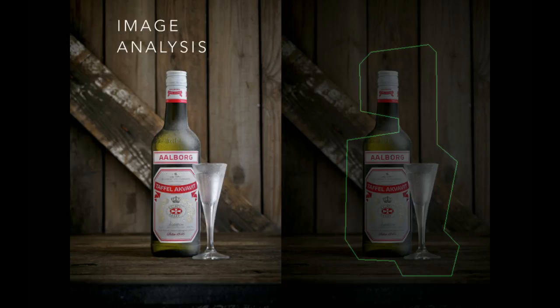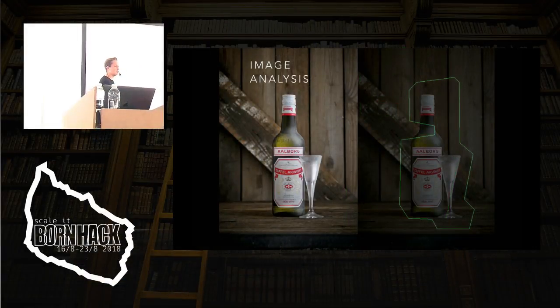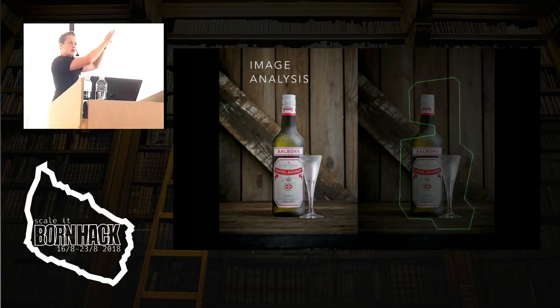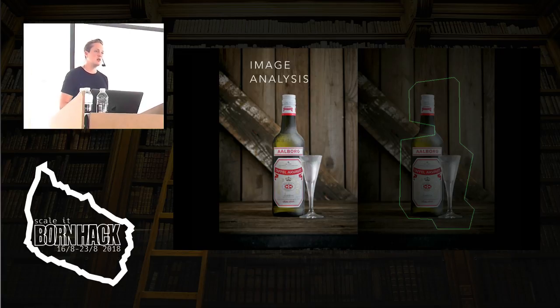We use OpenCV, grayscale the image, do a lot of blurring and so on, and then we detect the contours inside the image, and we end up with something like this. Not perfect because you have that inset there, but it's good enough for us to know where the contours inside the image are, so that we know how to position things.